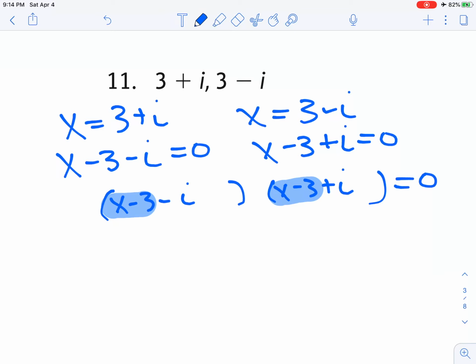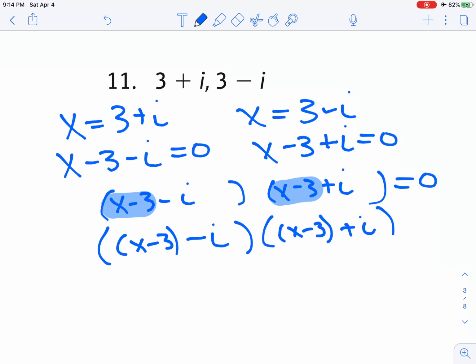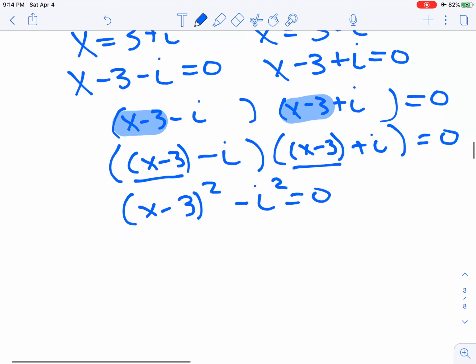This first part and this first part are exactly the same. So I'm going to write it: x minus 3 in a set of parentheses minus i. Again, x minus 3 in a set of parentheses plus i. So if I take this whole thing and I multiply it by this whole thing, I'm going to get x minus 3 all squared. Then I take the negative i times the positive i, and I would get negative i squared equals 0.